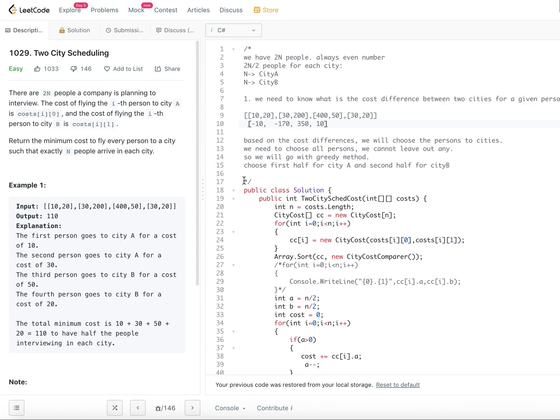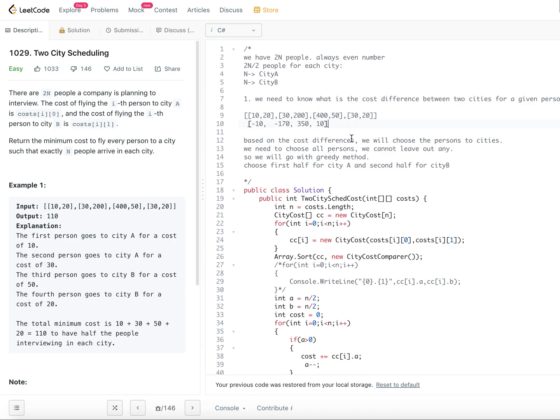You are just taking the subtraction. 10 minus 20 is minus 10. 30 minus 200 is minus 170. 400 minus 50 is 350. 30 minus 20 is 10. So now we have the cost differences, and based on this we are going to sort this array.